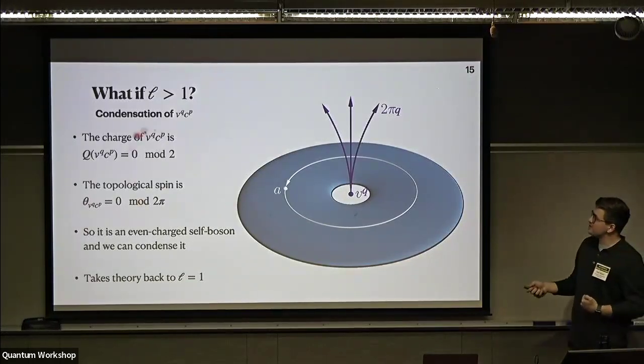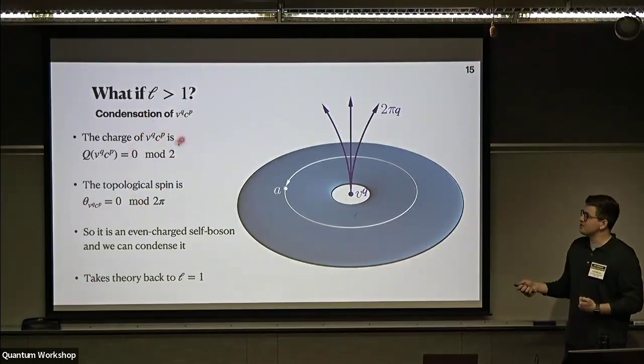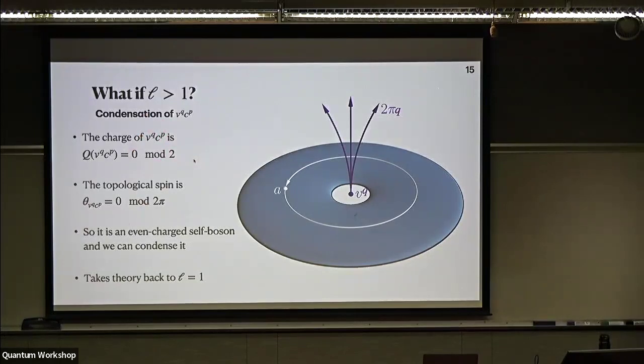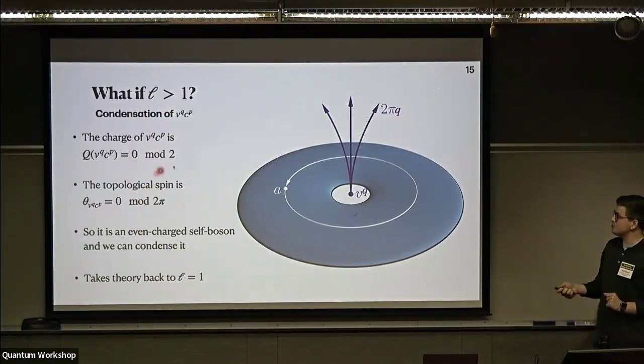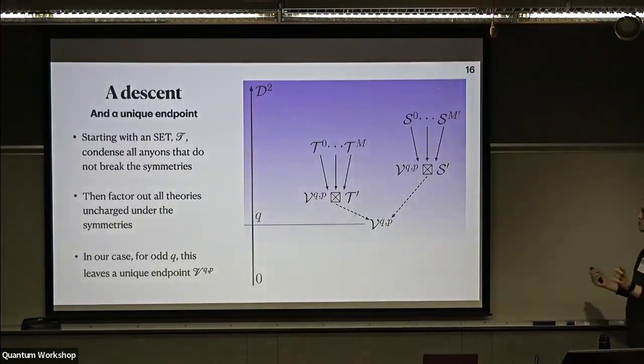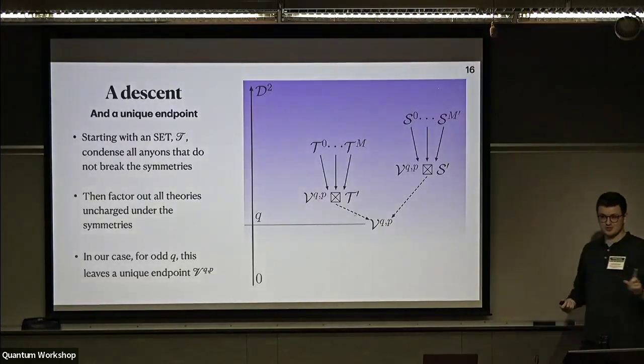We'll note that this v to the q, and I'm attaching some powers of the electron, which don't really matter for braiding but are important for getting the charge right, is an even charge self boson. We can condense it and take the theory back to the order of the boson being q. And then it factorizes nicely. So we have this picture, which we'll use for even q.